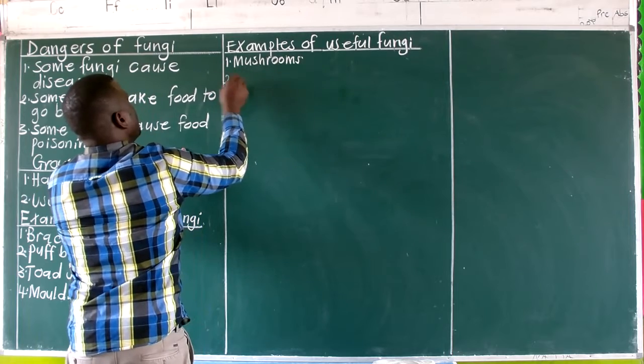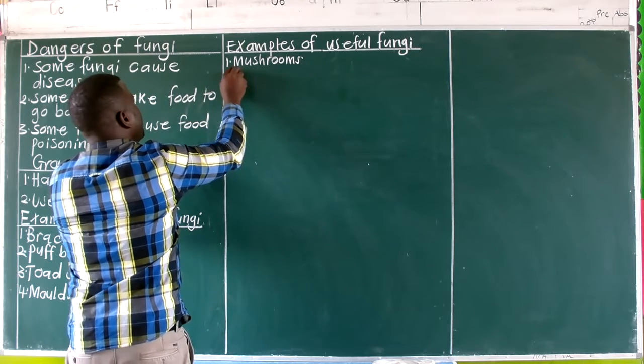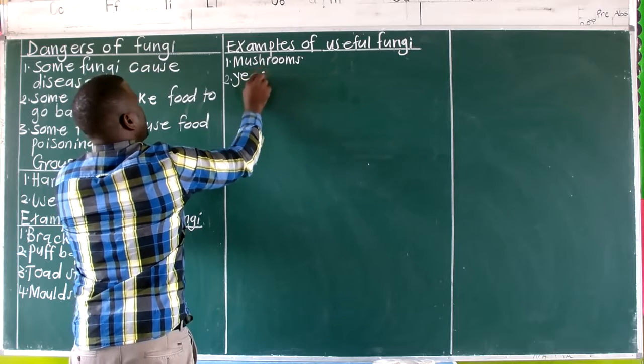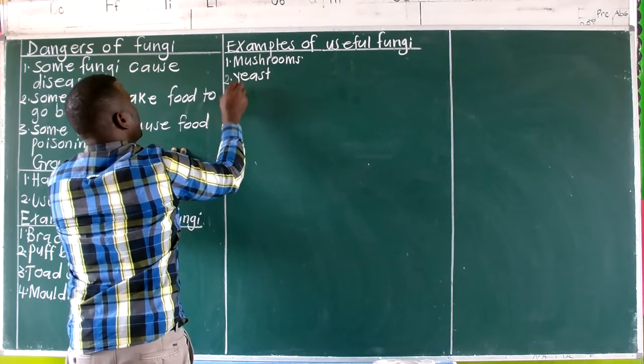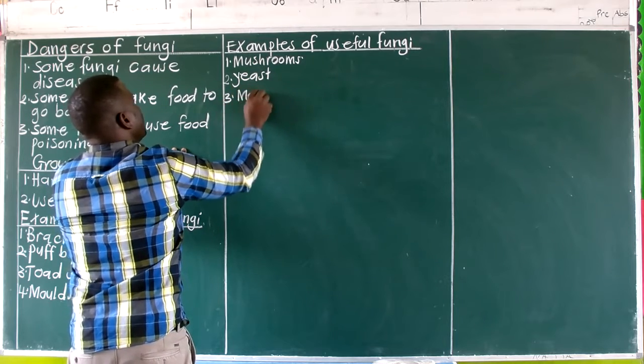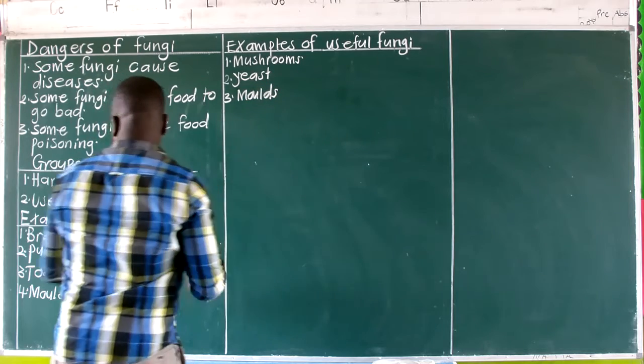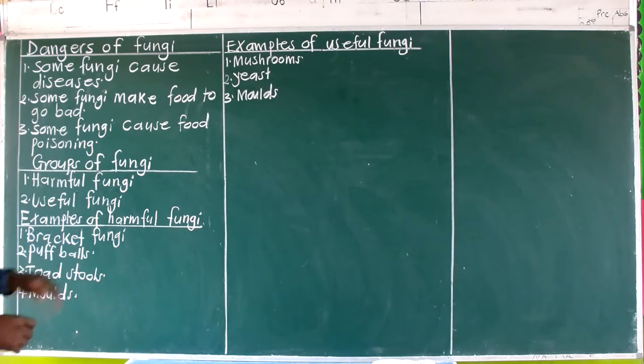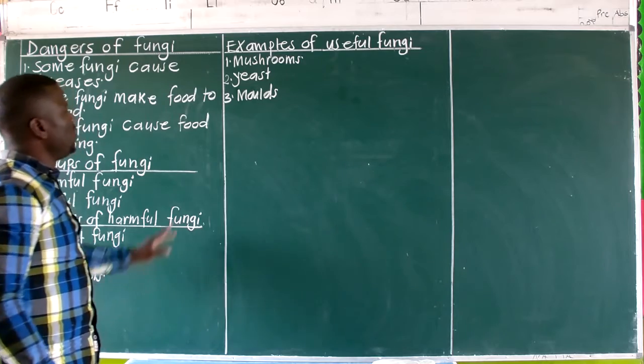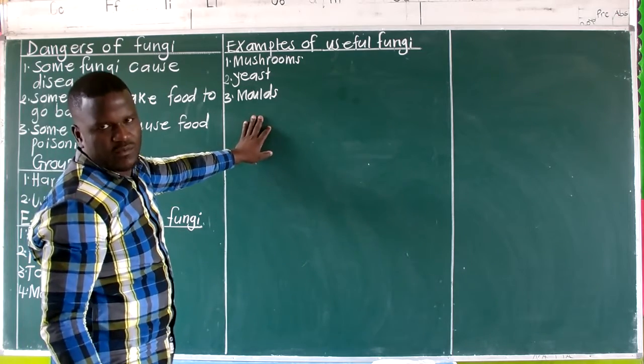Number two, we have yeast. Then number three, we have molds. So we have molds which are harmful, then we also have molds which are useful.